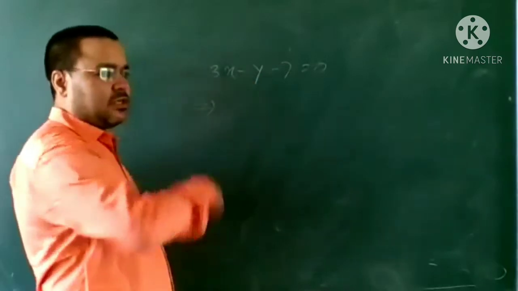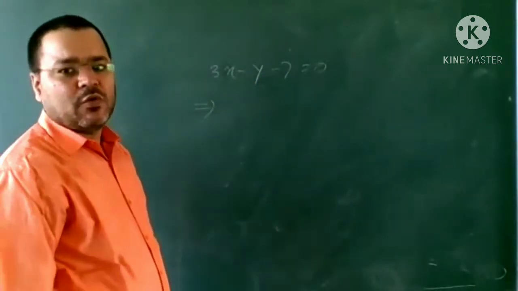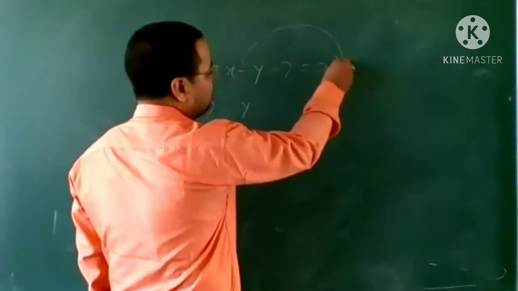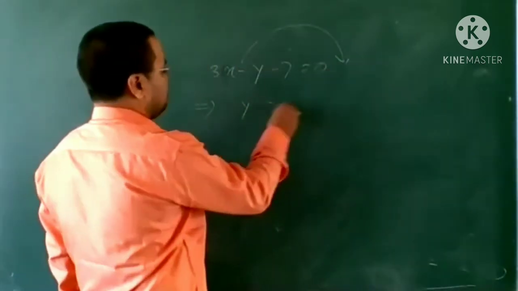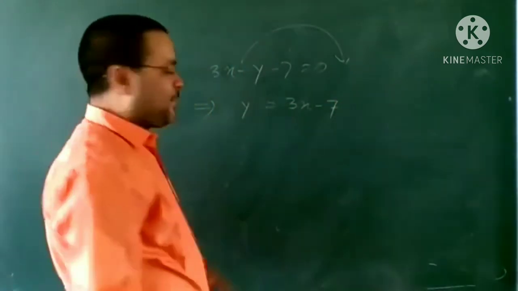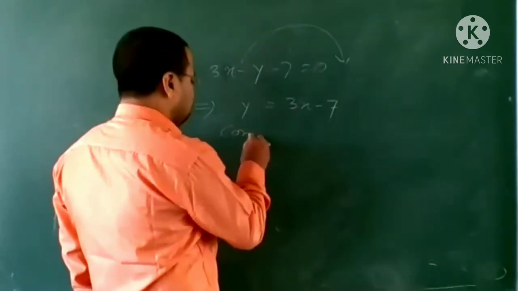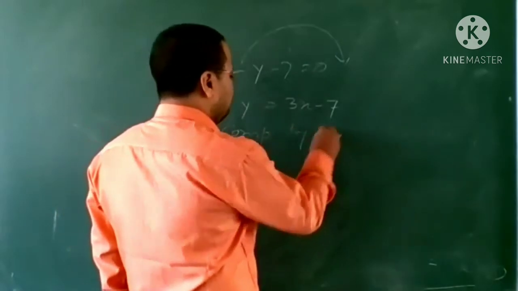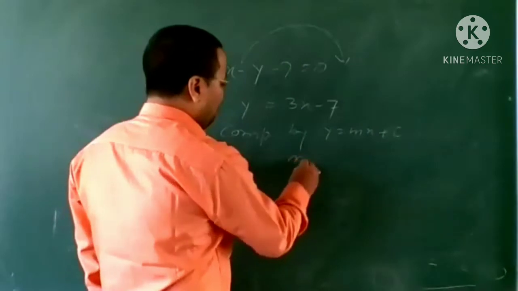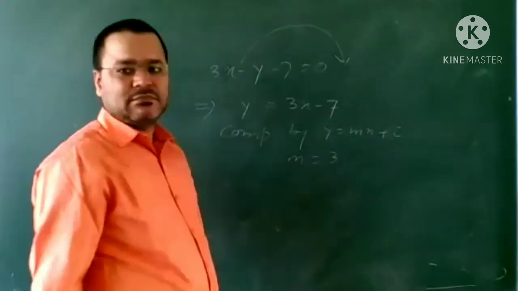Just we change it into y is equal to mx plus c. So here we just transfer y to this side. It will be y is equal to 3x minus 7. So by comparing with y is equal to mx plus c, what is the value of m?